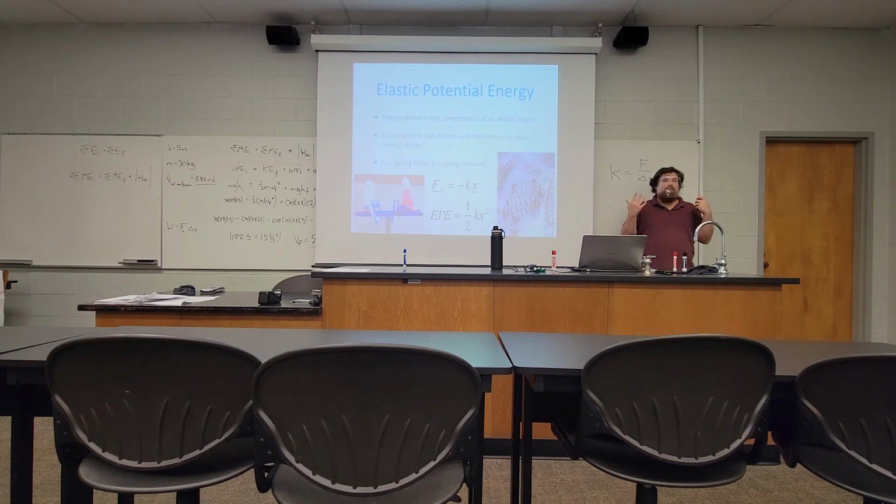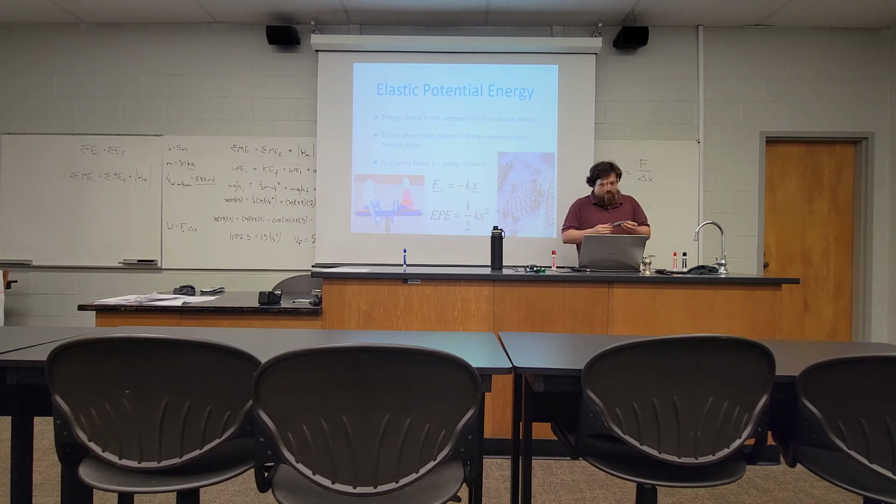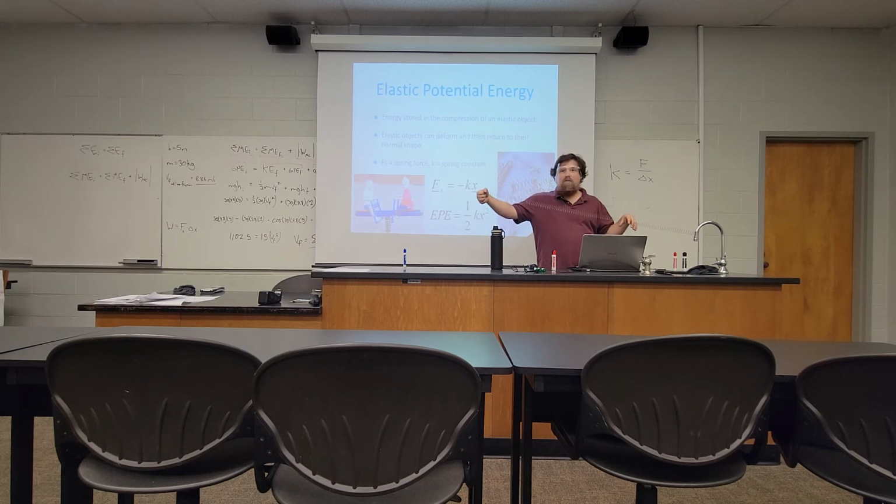So that x term is the amount of deformation. And it's important to note the number you plug in there needs to be specifically the magnitude of the stretch, not the final length. Let's say hypothetically, this spring begins at 1 meter long. Let's just say its base state is 1 meter. And then I stretch it to make it 3 meters long.